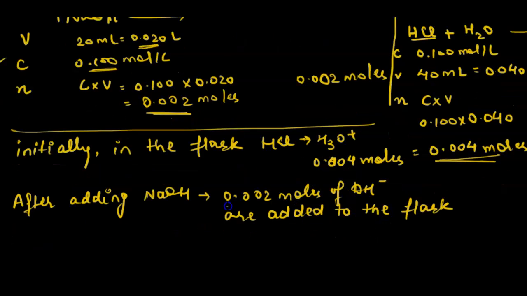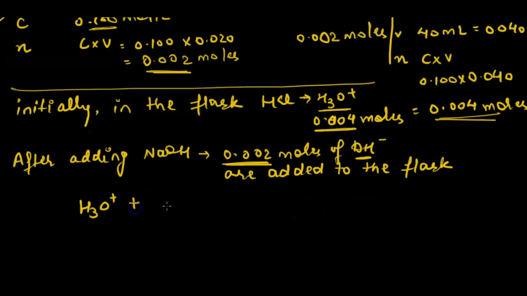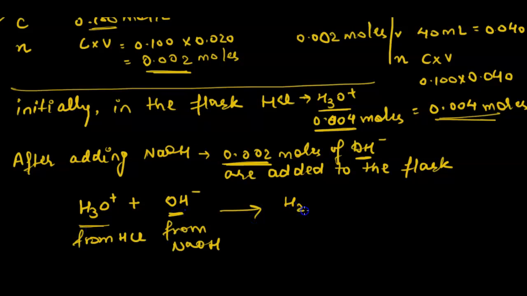Because of this, out of 0.004 moles of H3O positive, 0.002 moles of H3O positive will react with the same number of moles of OH negative to form water, because H3O positive from HCl and OH negative from NaOH will now react to form water, and water is neutral.